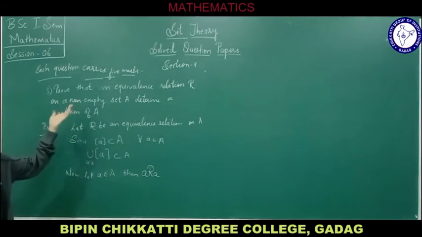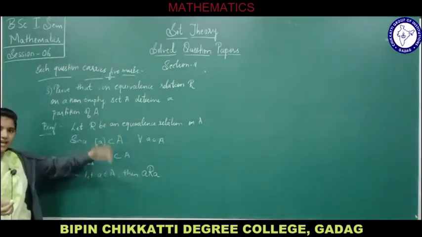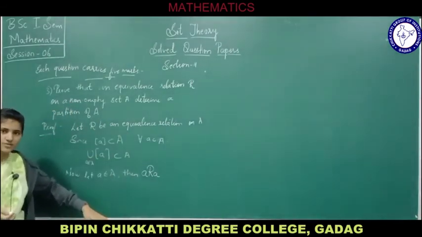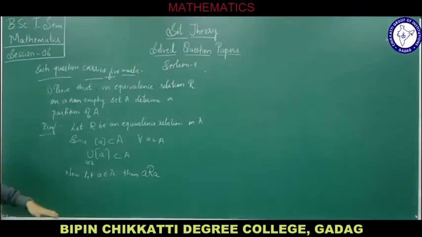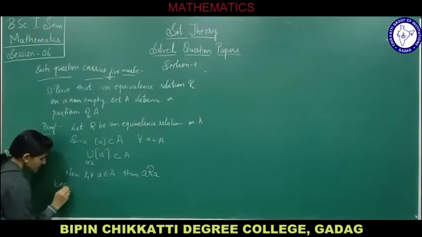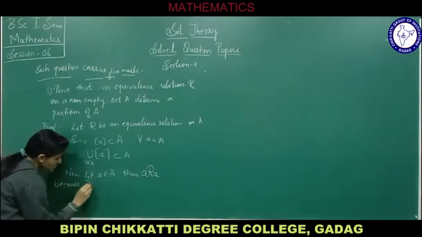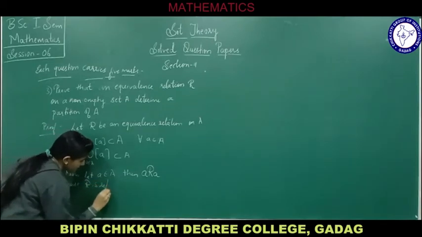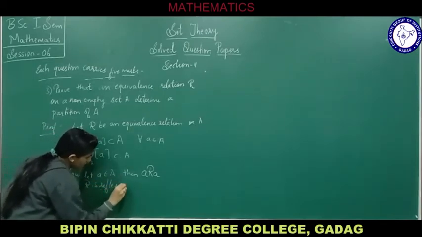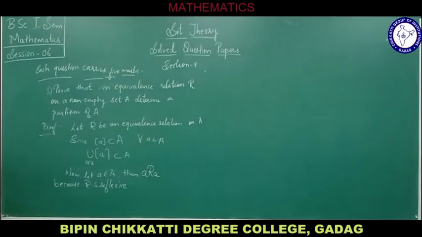They have already said it is an equivalence relation, right? That is going to be reflexive. Because R is reflexive, that is why we wrote that a is related to a, or a is equivalent to a.